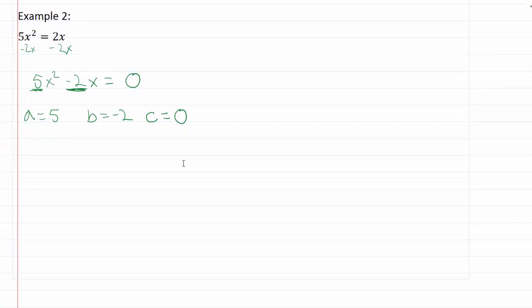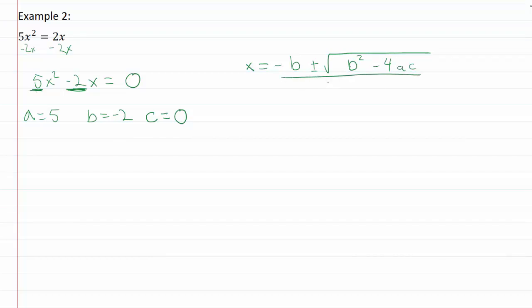So now, let's go ahead and put that all in the quadratic formula. Okay, so I can't see my quadratic formula again, so I'm going to rewrite it over here. X equals negative b plus or minus the square root of b squared minus 4ac all over 2a. When I rewrite it, that'll make it easier for me to see where I need to be plugging my numbers in.